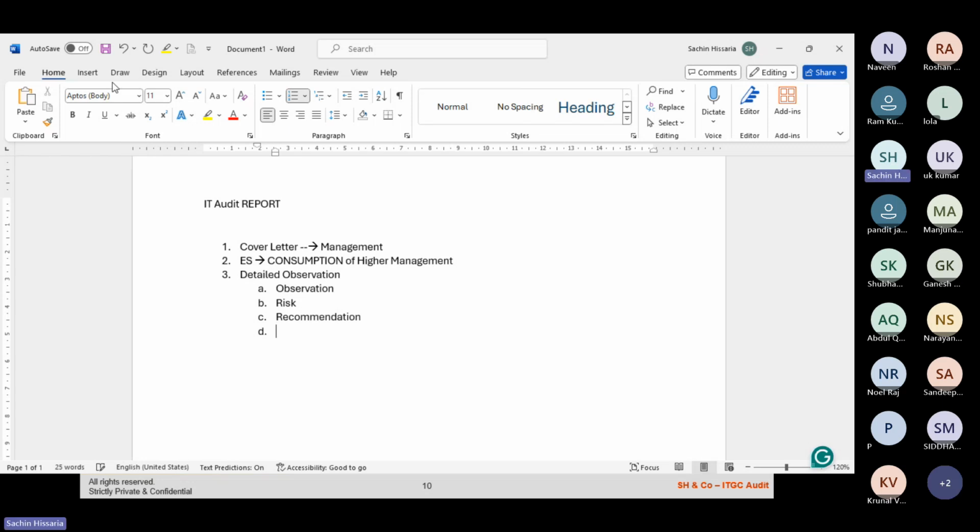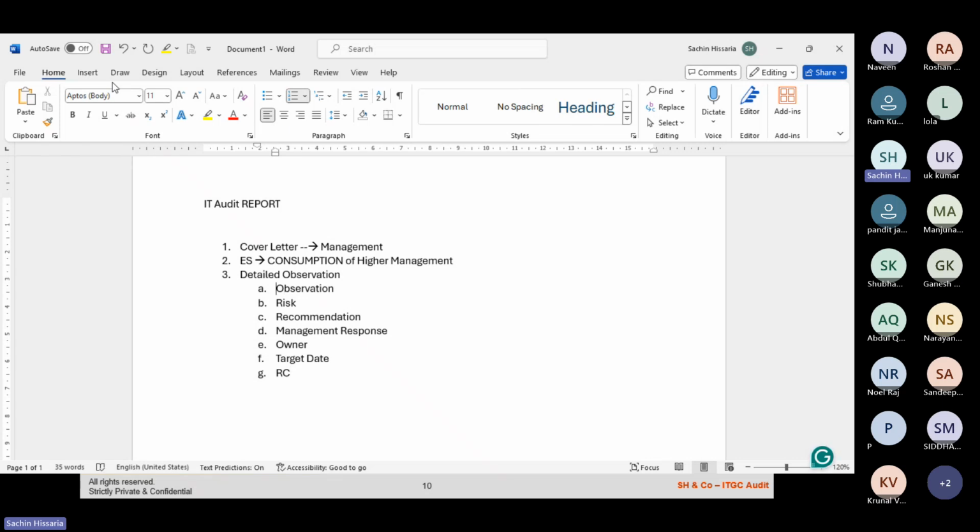It will include the management response. It will include the owner who would be taking action against those findings. And it will also include the target date. It will also include the root cause. Okay, what was the root cause?